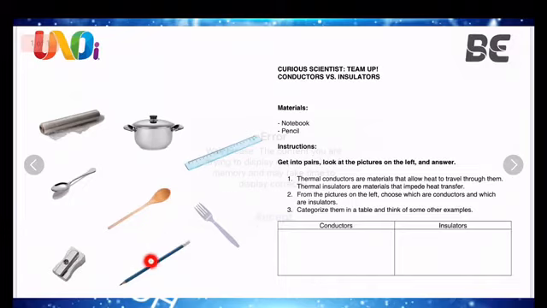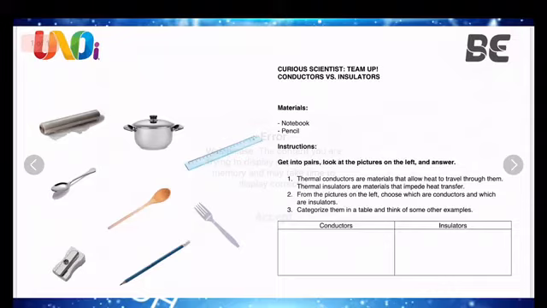I see a pencil. I see a metal sharpener. I see a metal spoon. And I see an aluminum pot and a wooden spoon. Okay, I see that there are several materials: aluminum, wood, plastic, okay, and a pencil that is also wood.